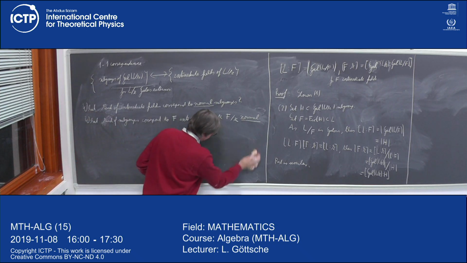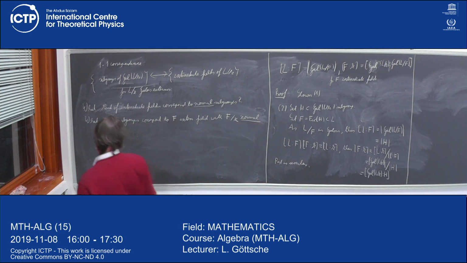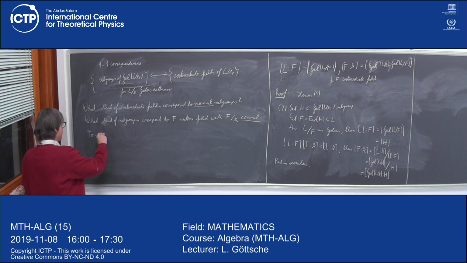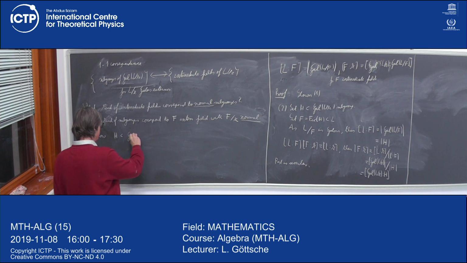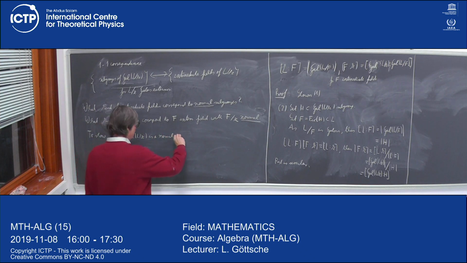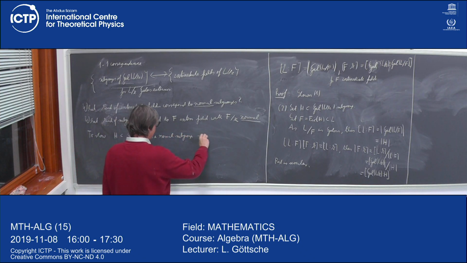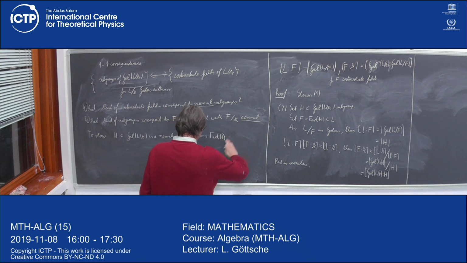So now we want to show that H, a subset of the Galois group of L over K, is a normal subgroup if and only if the fixed field of H in L, which is a subfield of L over K, is a normal extension.